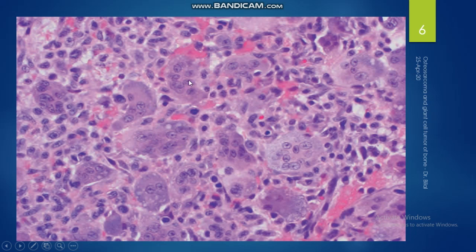Now see, this is one multinucleated giant cell, this is one multinucleated giant cell. These are described typically as osteoclast-like giant cells, which may contain 50 to 100 nuclei even, and these mononuclear cells are actually the tumor cells. So we typically describe it as sheets of mononuclear cells with interspersed multinucleated osteoclast type giant cells, which is the typical morphology of a giant cell tumor of bone.